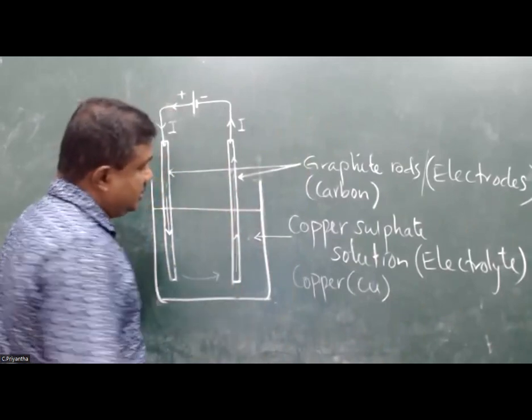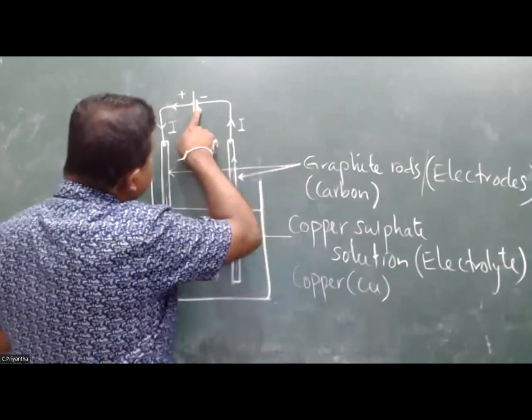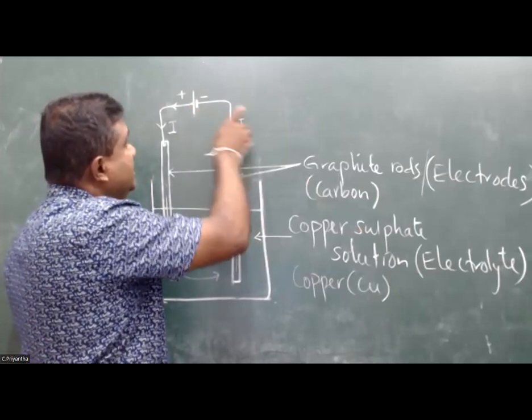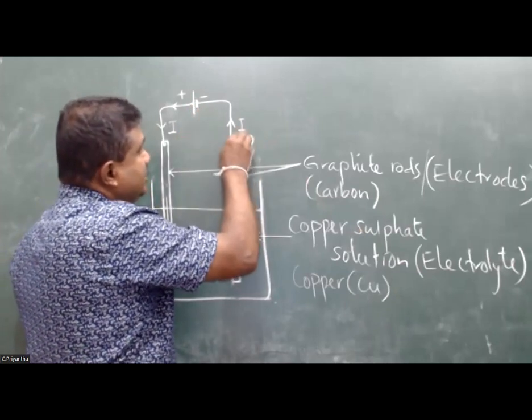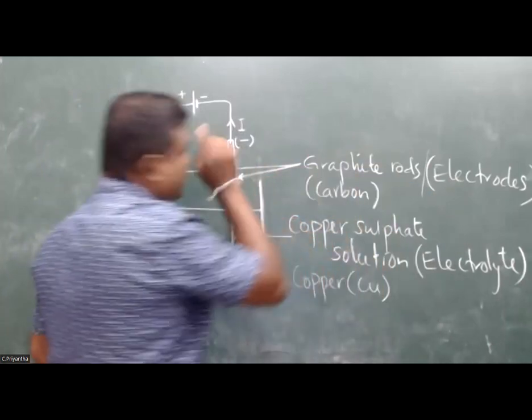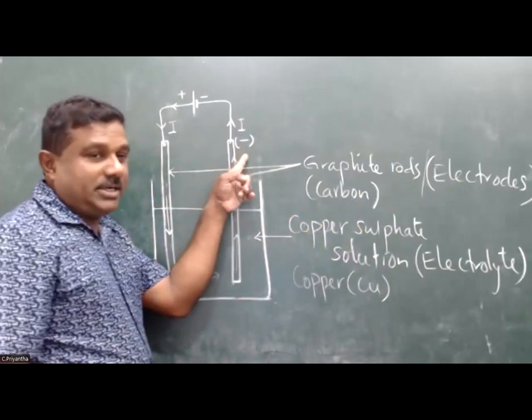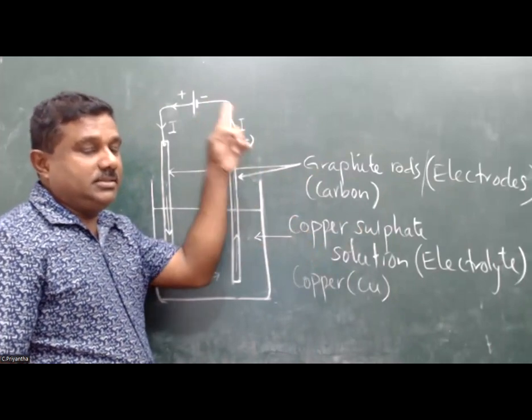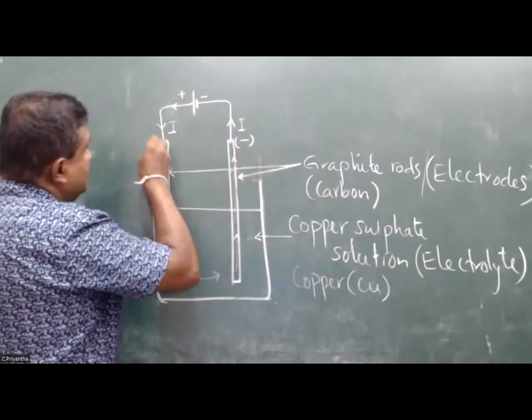This is the negative terminal of the battery or cell. This is the negative electrode. The electrode connected to the negative terminal of the cell is the negative electrode.